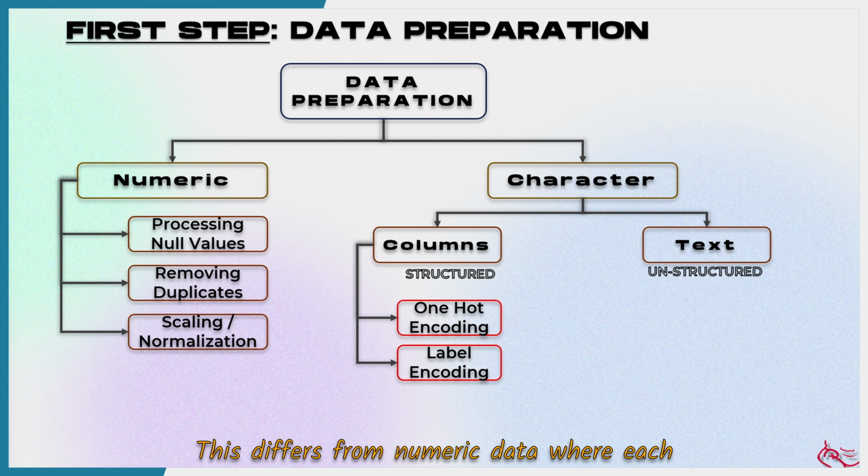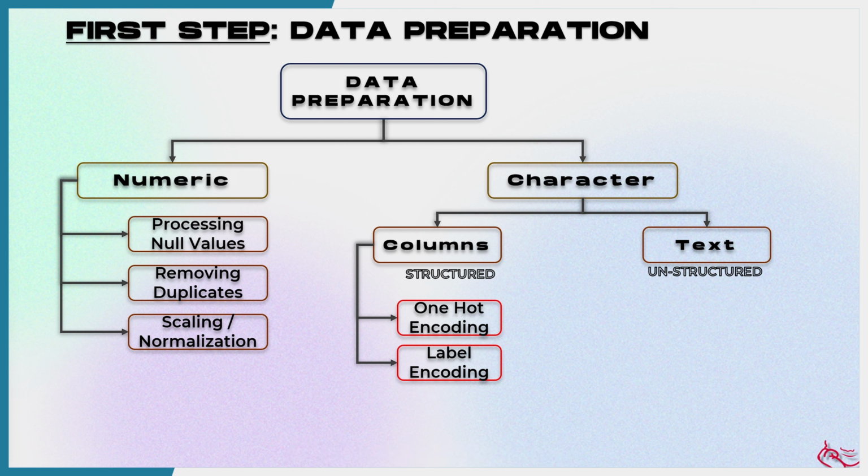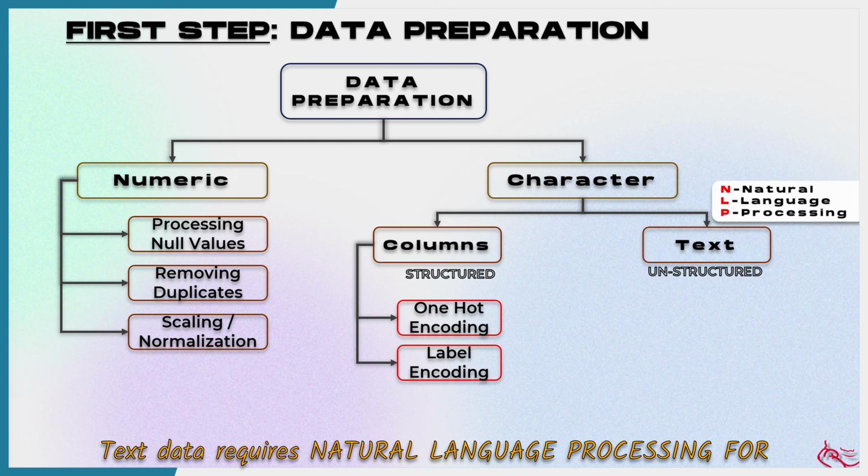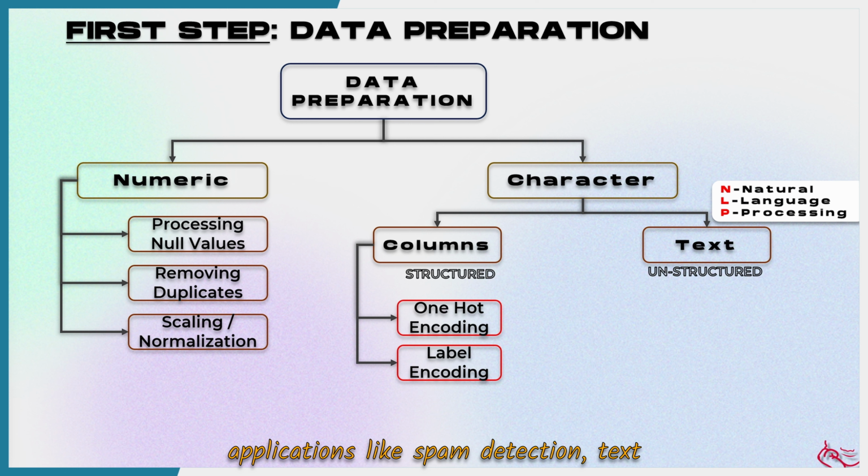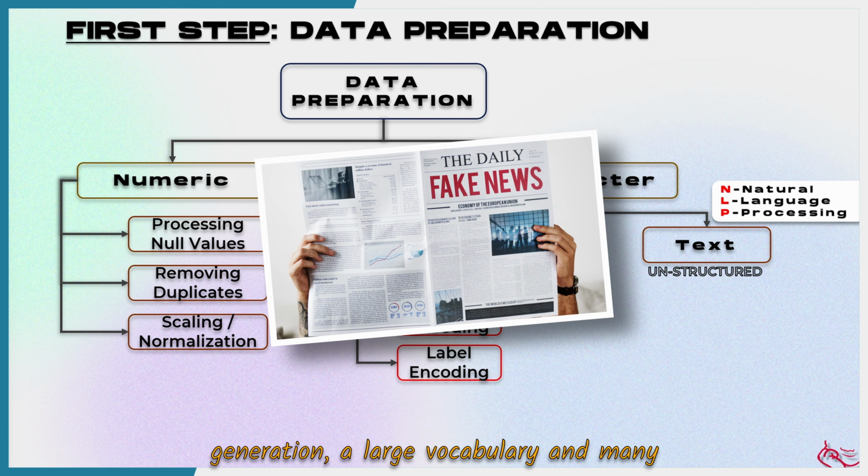This differs from numeric data where each column is considered a feature and the number of columns is manageable. Text data requires natural language processing for applications like spam detection, text summarization, and movie rating. Advanced applications like language translation require natural language understanding, that is NLU. For applications like fake news generation, a large vocabulary and many features are needed.